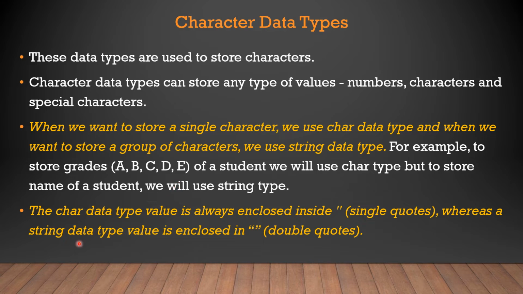Also, there is another difference between char and string data type. It is that we store the char data type in single quotes, whereas the string data type is enclosed in double quotes.